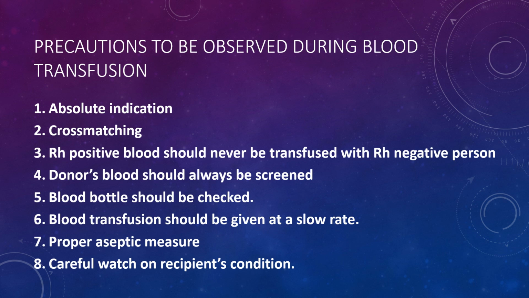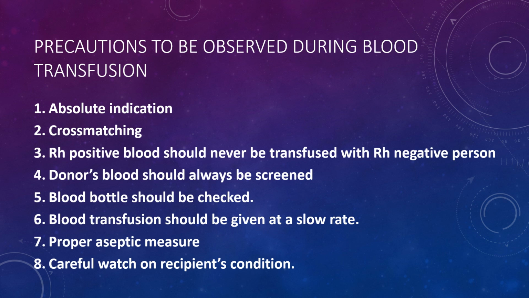The blood bottle should be checked. This is very important, because sometimes it is a common human mistake that you don't check the blood bottle before going for the blood transfusion. So this is one of the important aspects of blood transfusion. The blood transfusion should be given at a slow rate to prevent transfusion reactions.